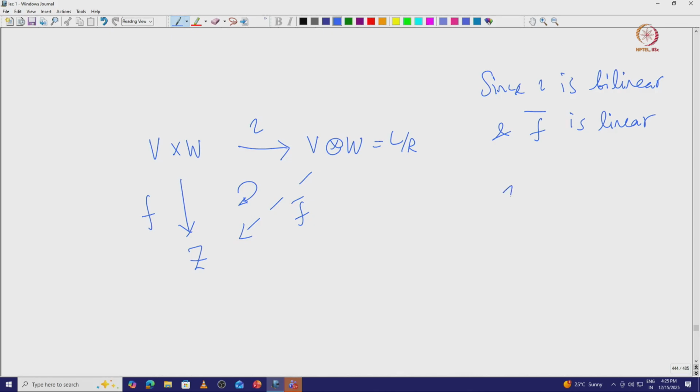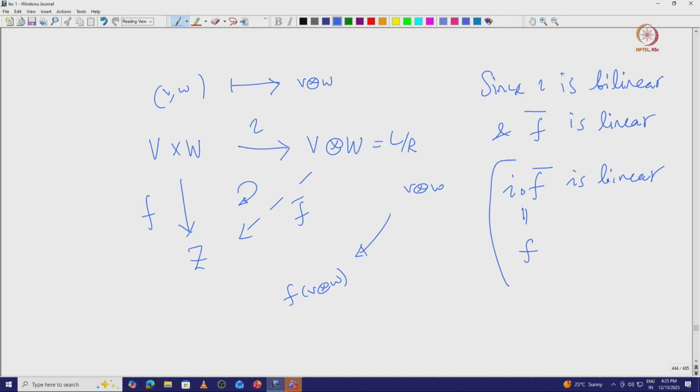So, iota composition f bar is bilinear, and you can see that (v, w) will be mapped to v tensor w, and then v tensor w is indeed mapped to f of (v, w). So, that means this is going to be exactly equal to f.